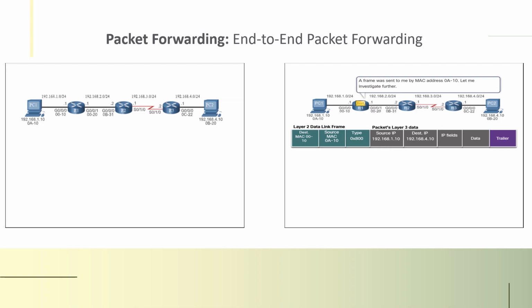Now that the packet has reached Router 1, it is Router 1 that needs to forward the packet to Router 2, and then on to PC2.